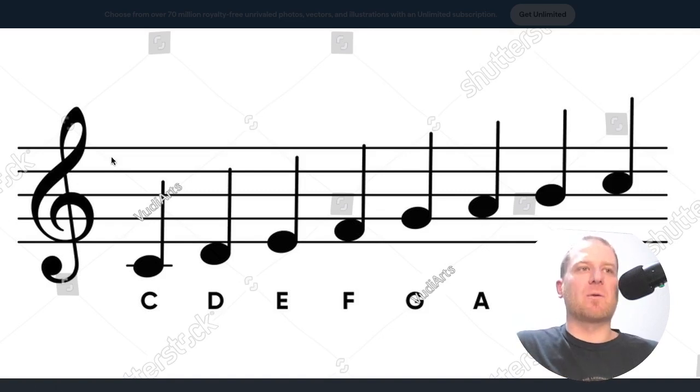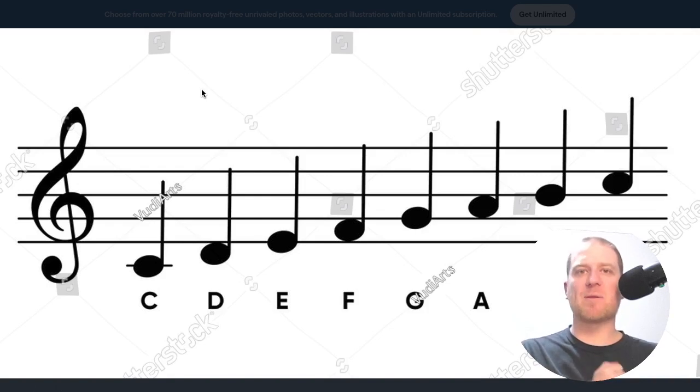Let's have a look at what these are here. There are 2 positions or places that we can position these rhythmic symbols. These little symbols here, the filled in circle with the stem, that's a rhythmic symbol. That indicates how long, in terms of beats, you hold a note for.